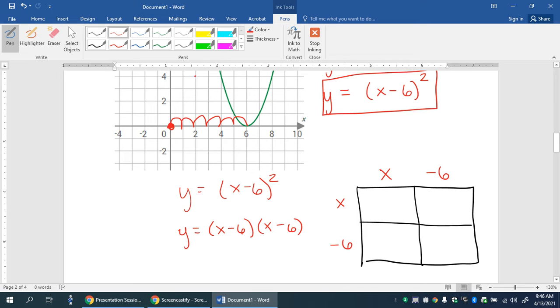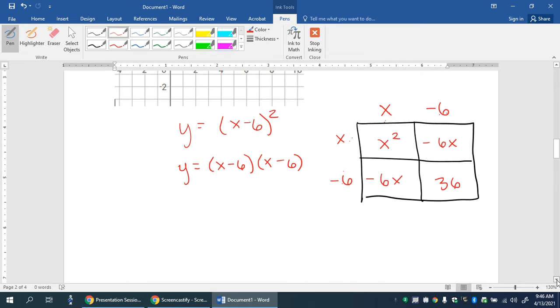And then we multiply our columns and rows. So x times x goes in here, so x squared. Negative 6 times x is negative 6x. X times negative 6, again, is negative 6x. And negative 6 times negative 6 is positive 36.